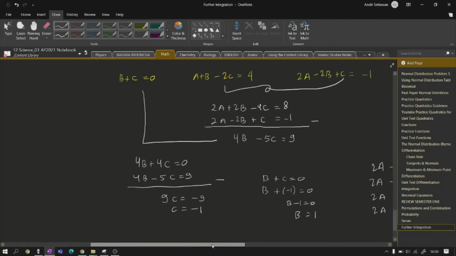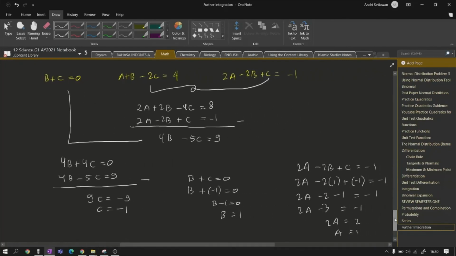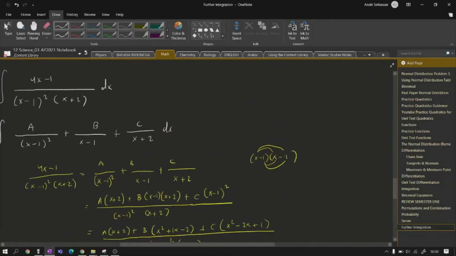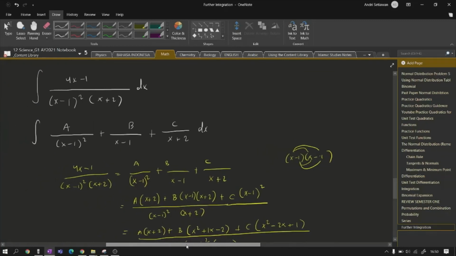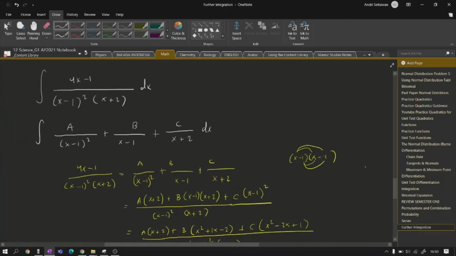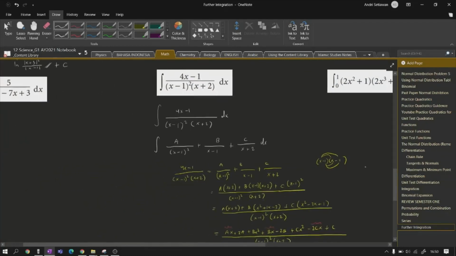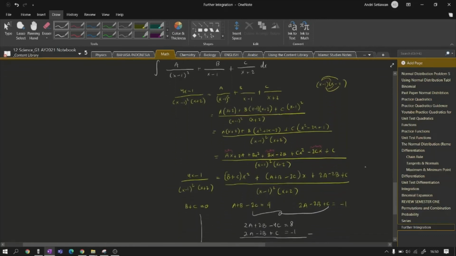So we can substitute into the last form of the integral. Okay, let's make it smaller.